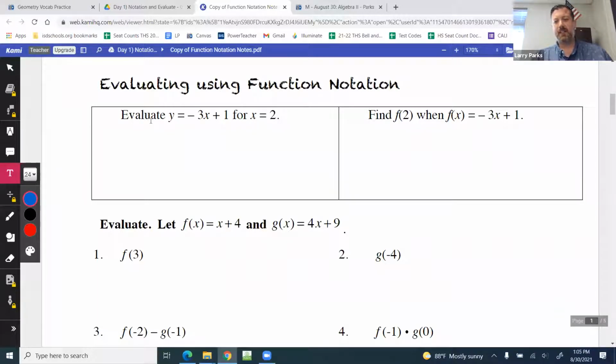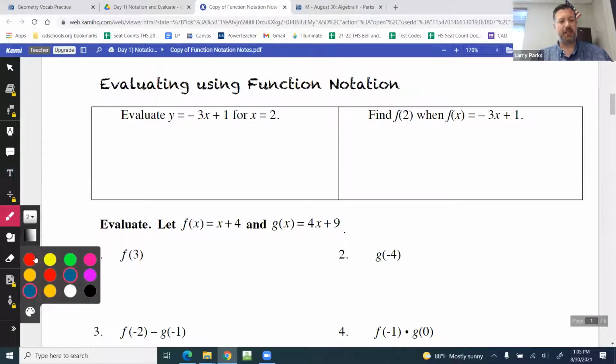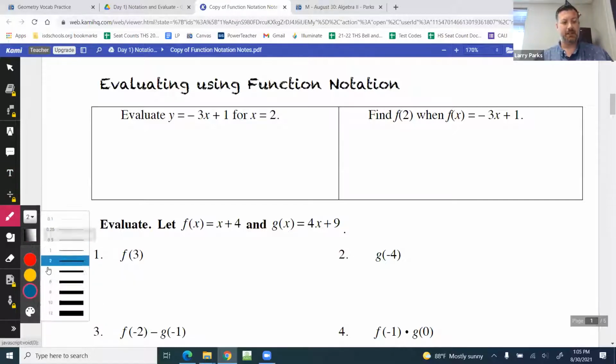It means find the value after I do whatever I ask you to do. So here, evaluate y equals negative 3x plus 1 when x is 2. So what does that mean? That means that when x is 2, they want you to put 2 in here and find the y value. So all you're doing is you're taking 2 and plugging it in for x.